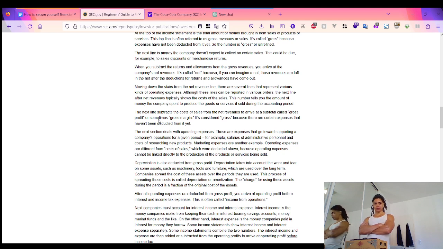And they call it net because you can think of net as the revenue left after deduction of the returns and allowance.